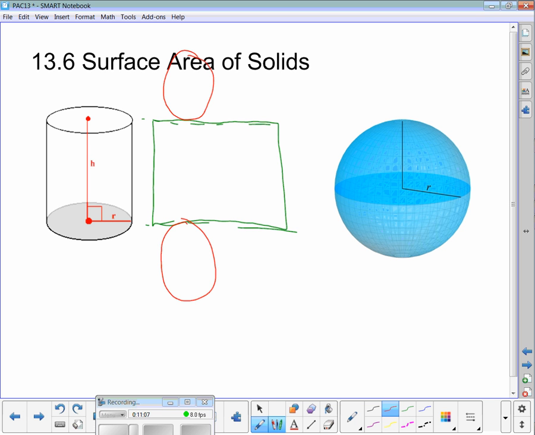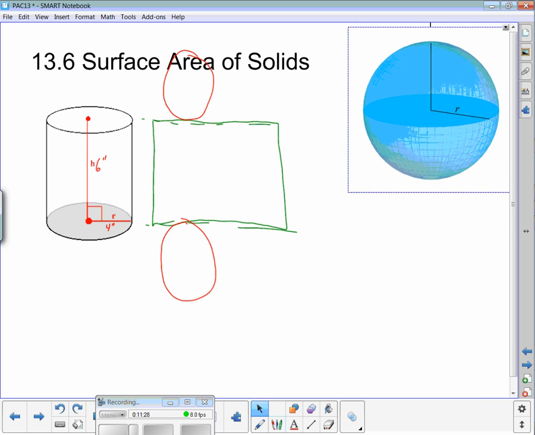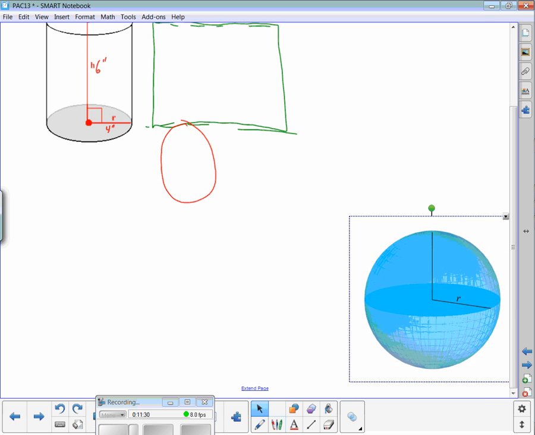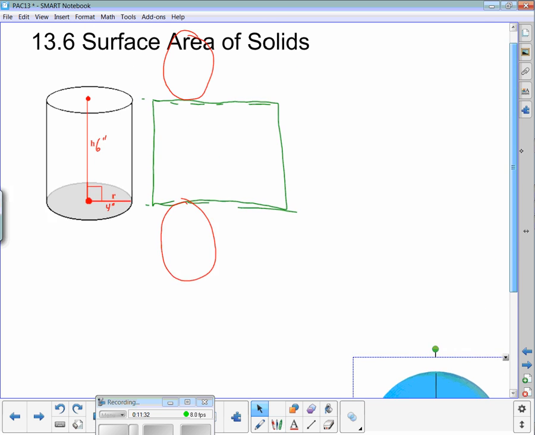Okay, so let me throw in some values. Let's suppose this is 4 inches, and let's suppose this is 6 inches. Would we have enough numbers to be able to figure out the surface area of our cylinder? Let me move our sphere out of the way.